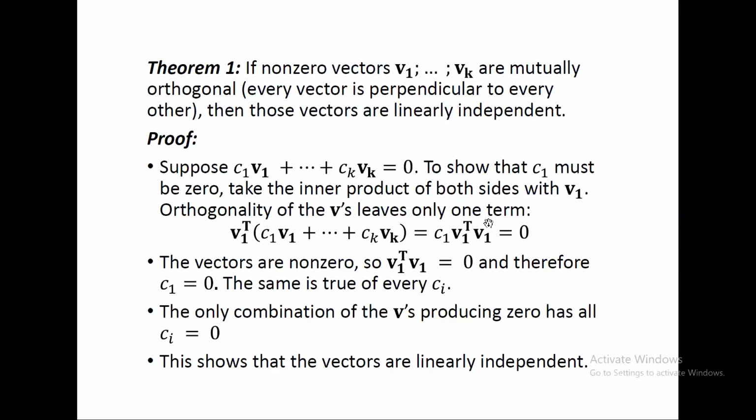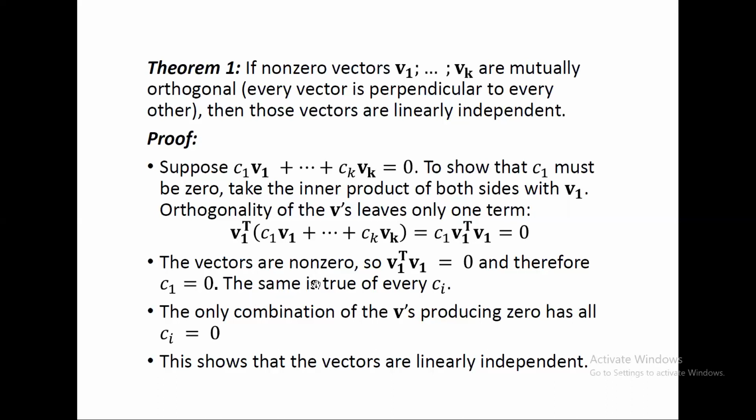This quantity cannot be 0, because the vectors are non-zero. So v1^T v1 is not equal to 0, it might be 1 or a quantity which is definitely not equal to 0, and hence c1 should be equal to 0.